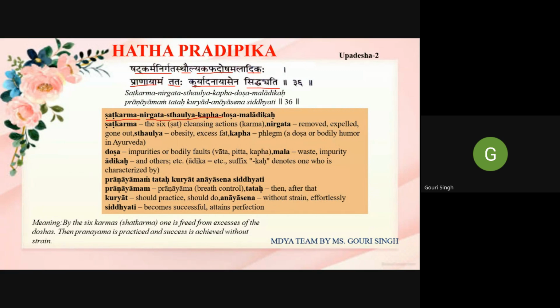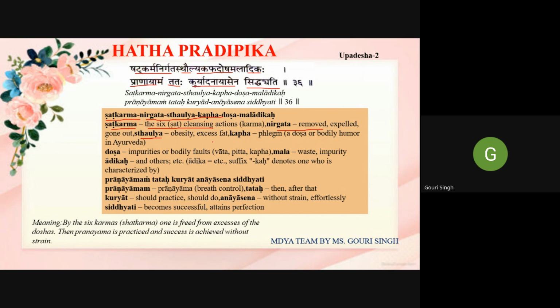Whenever you do this, as it is written here, Satkarma means the six cleansing techniques. Nirgata means removal of all types. Staulya means obesity, the excessive fat. Why does one need to do the Satkriya? What is the main reason?